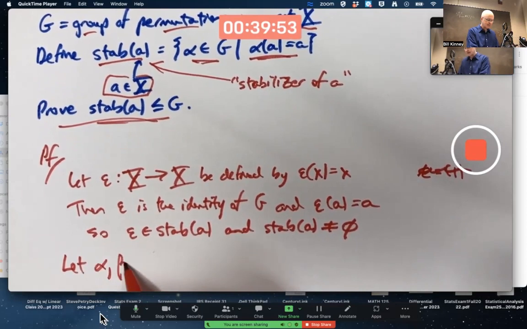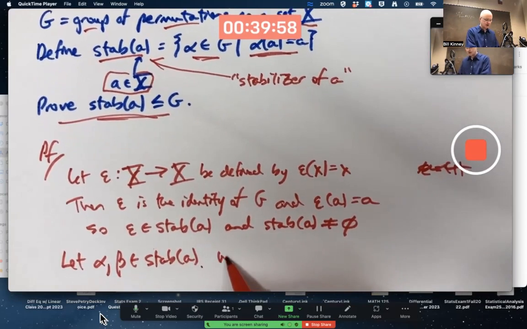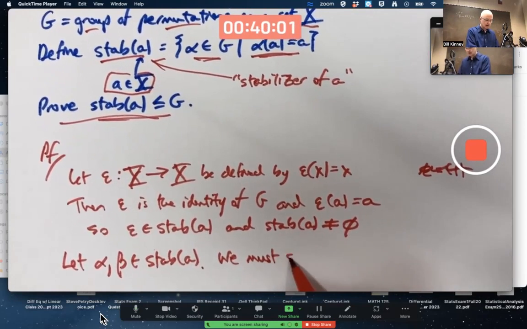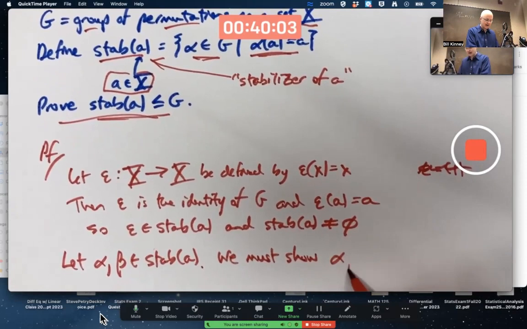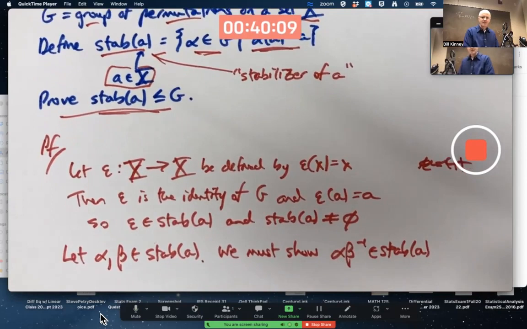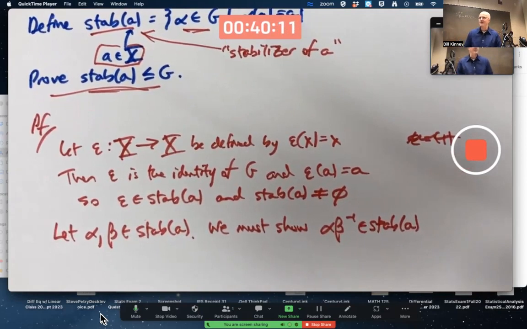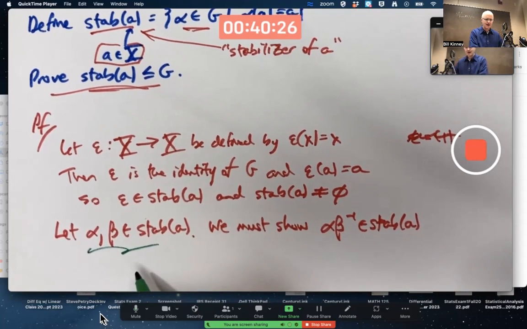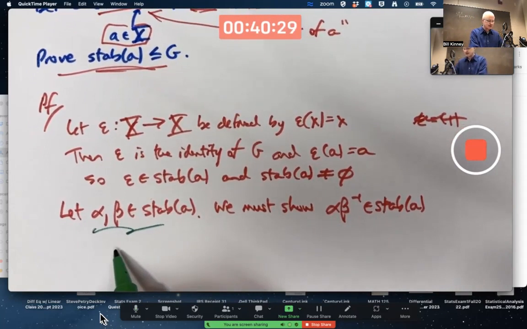Now let's do the one-step subgroup test after that point. Let alpha and beta be in the stabilizer. We must show that alpha beta inverse is also in the stabilizer of A. Assuming, in other words, alpha and beta map A to itself, it's got to be the case that alpha composed beta inverse maps A to itself. That's pretty trivial in terms of understanding functions. I'm not going to write any more sentences here for sake of time.